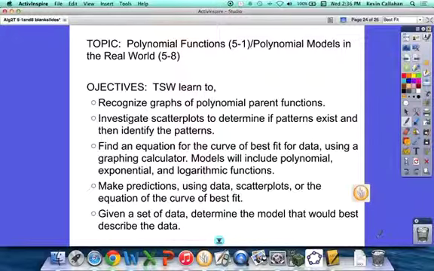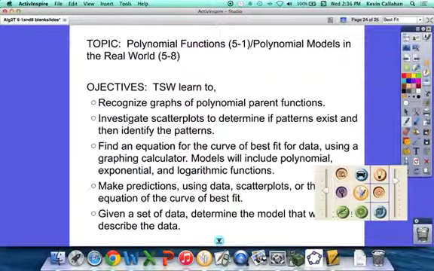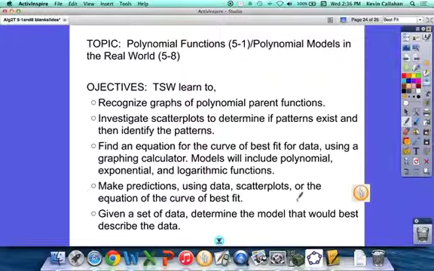We did that a couple times. Once we picked a quadratic, once we picked a cubic. Find an equation for the curve of best fit. What do they mean by curve? They're not going to say line, because it may not be a line. It'll be whatever is the shape of that graph. And make predictions using the data, scatter plots, or the equation of the curve. That's it.